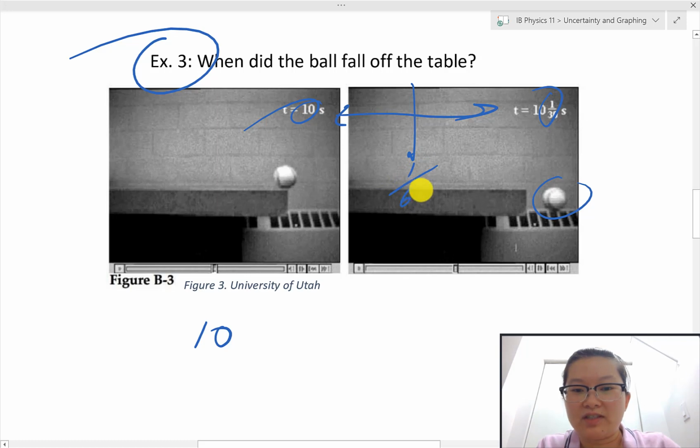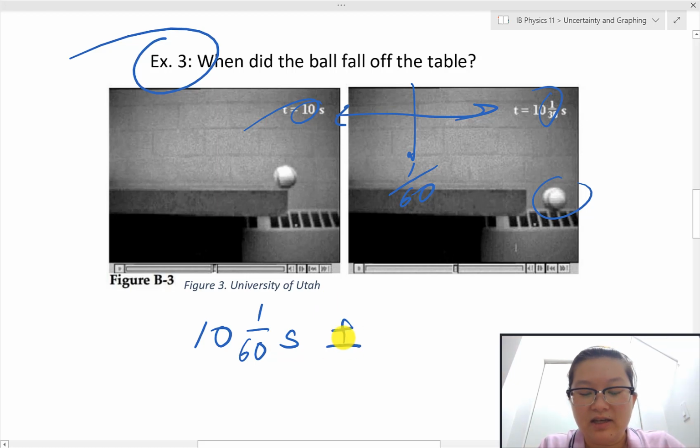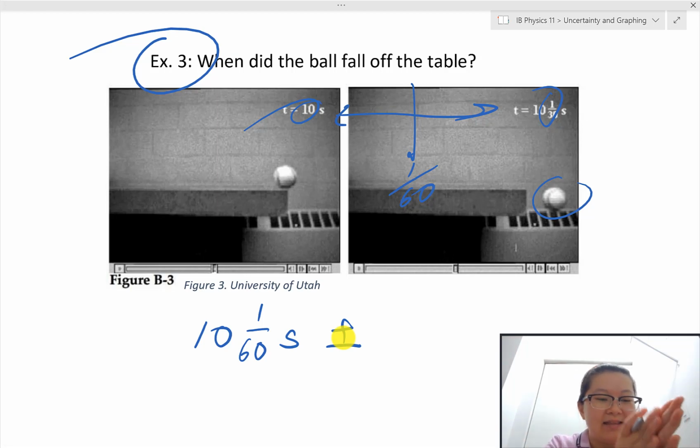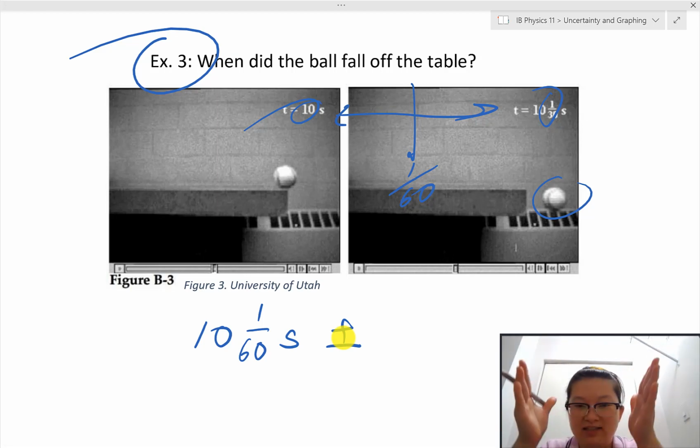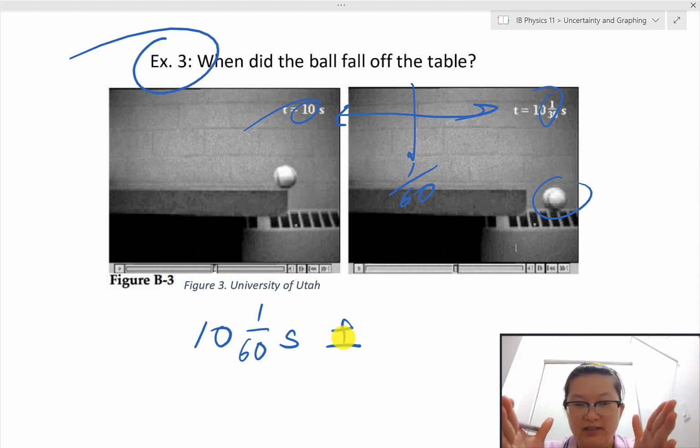That's 1/60. So I'm going to say this 1/60 seconds is when the ball left the table, plus minus, and my range of uncertainty is going to be within the last frame and the frame that came afterwards. So that's the plus minus.